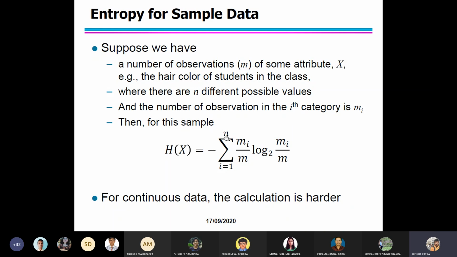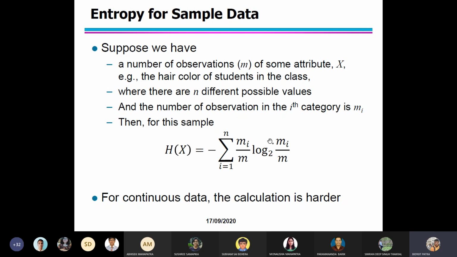That is how to compute here, instead of probability Pi, how do you compute it? We have n different values, and we have a total number of observations m, and mi is one distinct value, and we have n distinct values. So how do we compute the probability? mi by m, and this is the same thing, pi into log pi.